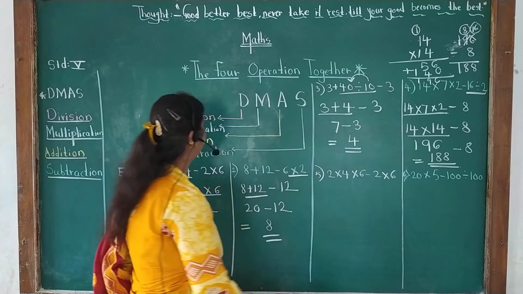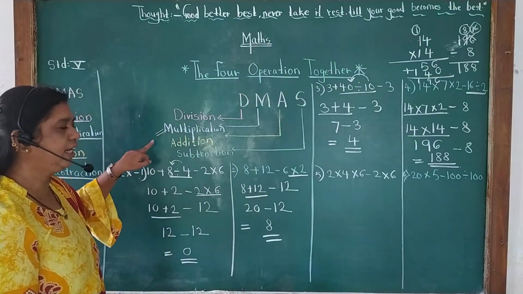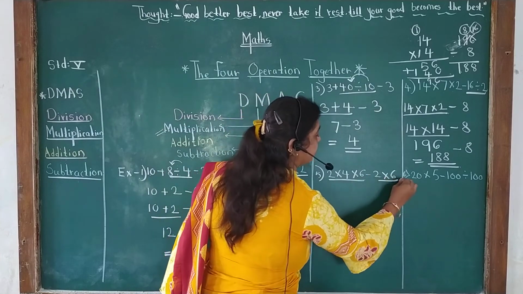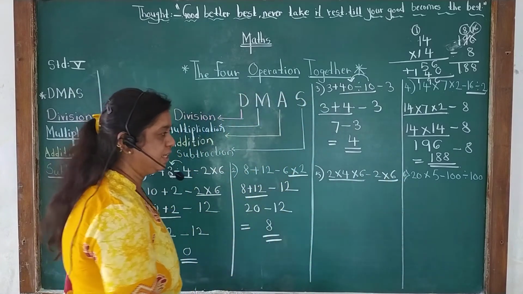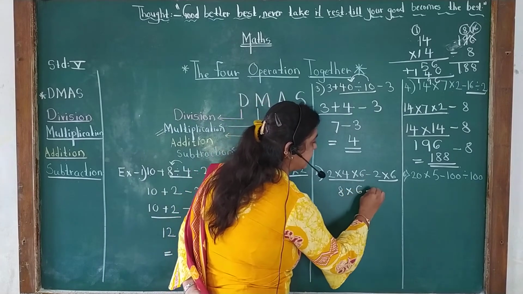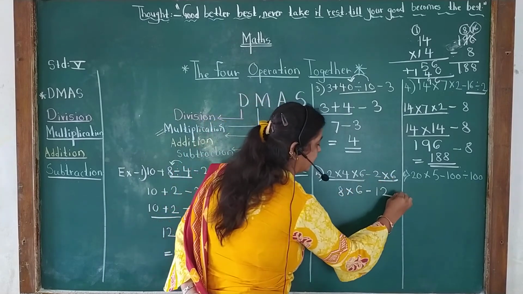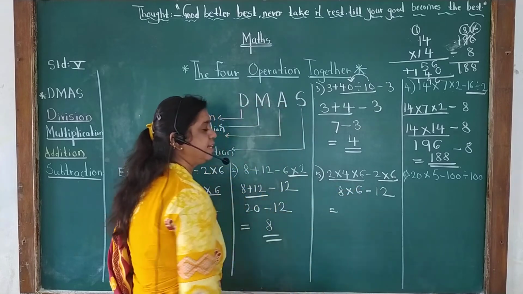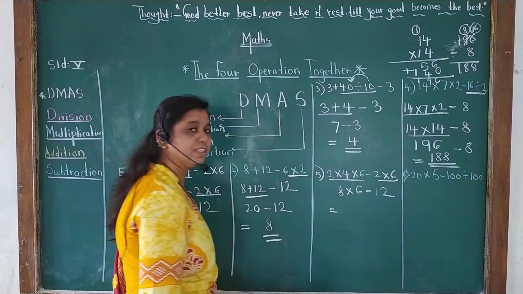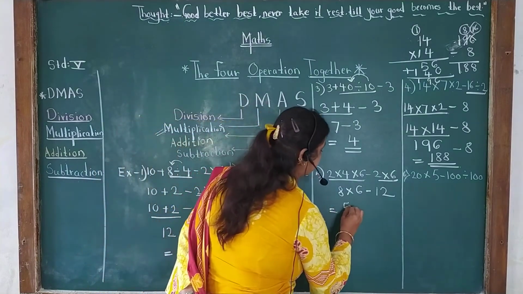Now see the fifth example. Here again no division is there. So directly you have to go for multiplication. So 3 multiplications are there. Here also multiplication is there. So 2 4s are 8, multiplied by 6, minus 6 2s are 12. Now see, 6 8s are 54.